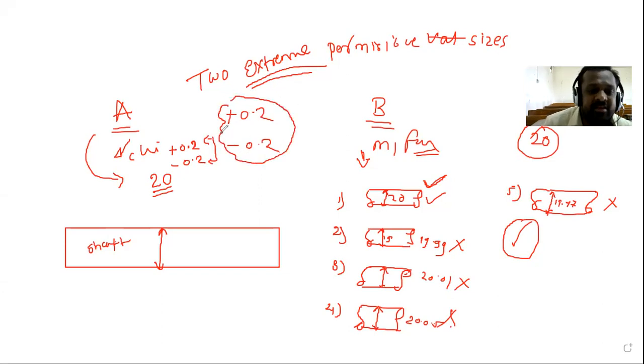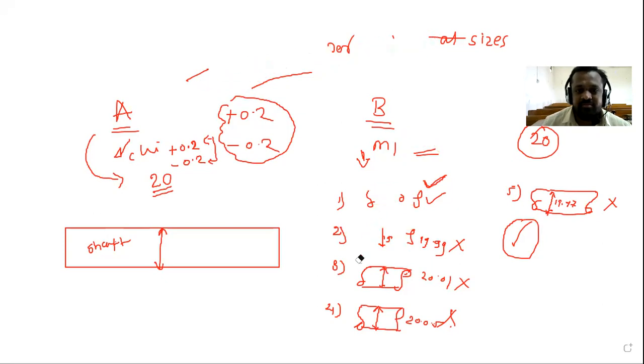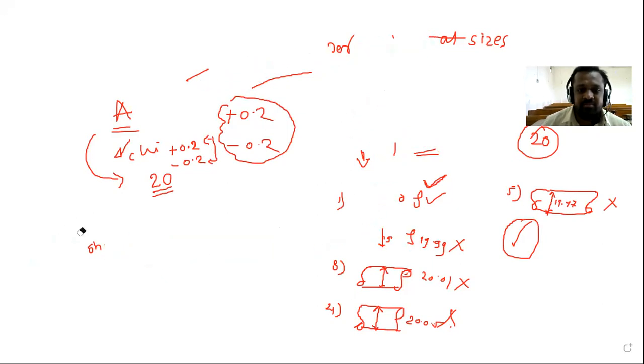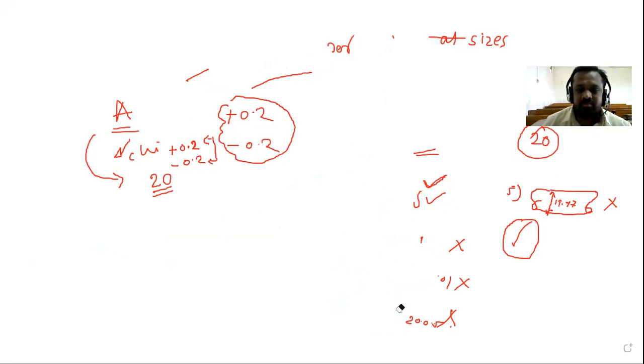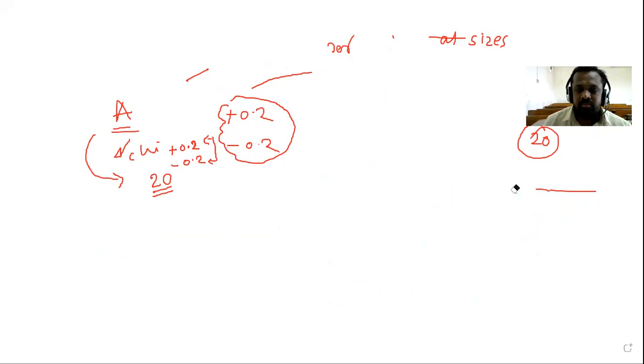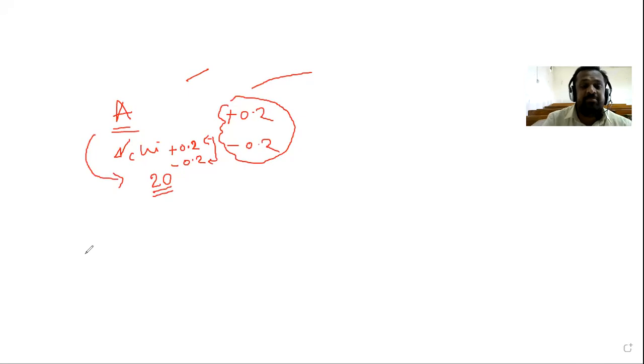So they have given these two limits. Then what is the meaning of that limit? Limit is nothing but the two permissible allowable sizes, two extreme permissible values, we can say.